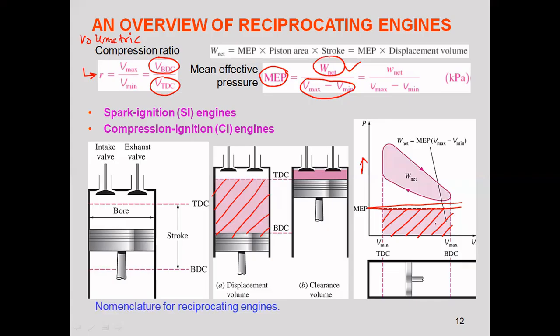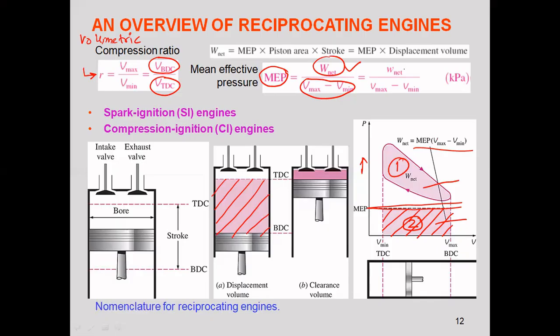This shaded pink area and this shaded pink area are basically the same. So this W net is produced by a variable pressure throughout the cycle, and this is produced by a pressure which is constant during the expansion process. It is the same. That is the idea behind mean effective pressure.